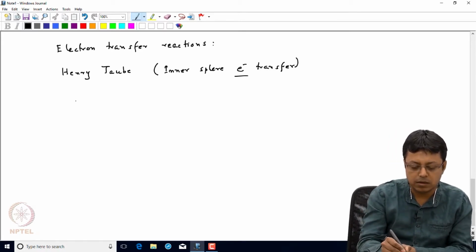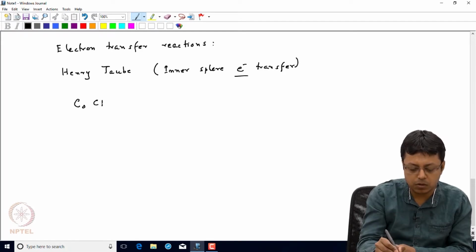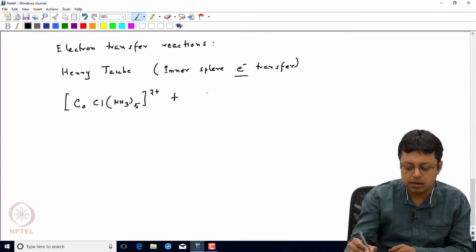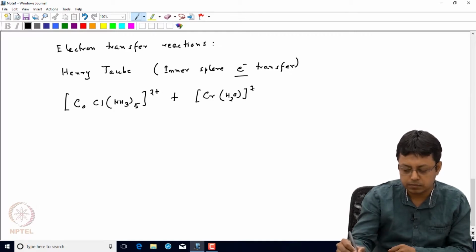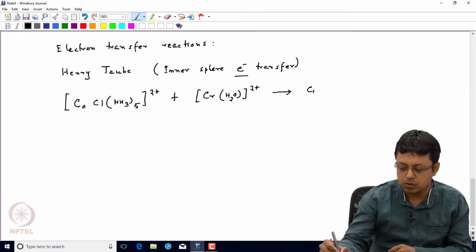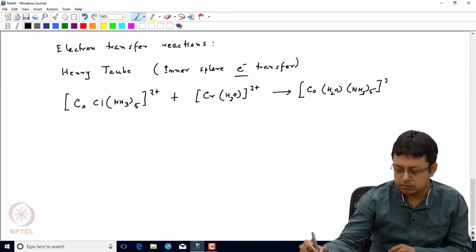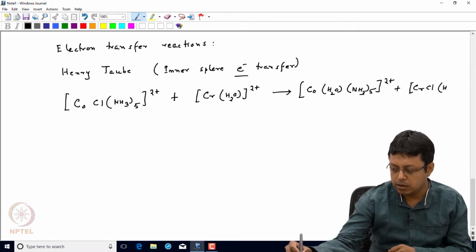Let's say this cobalt complex, cobalt chloride pentaammine 2+, and it reacts with the chromium hexaaqua complex to give rise to cobalt aqua pentaammine 2+ plus chromium chloro pentaaqua, this will be Cr(H2O)6 2+.